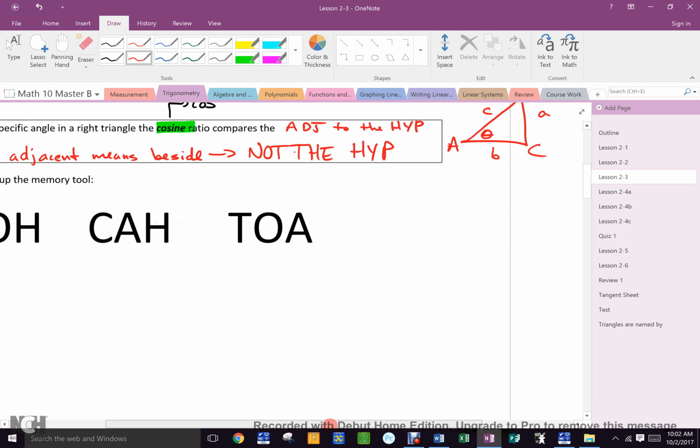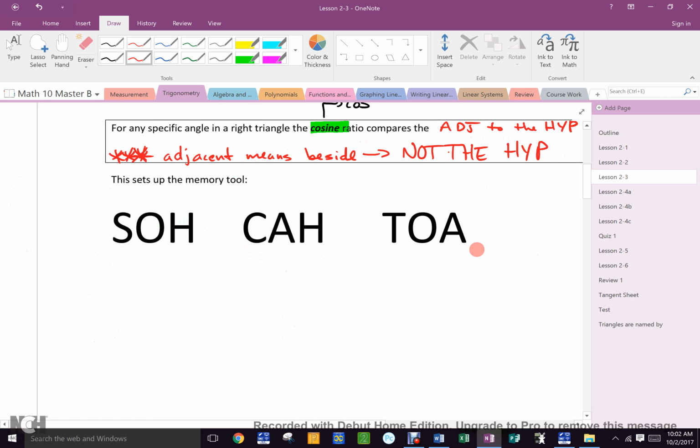That sets up this handy-dandy pretend word: SOHCAHTOA. Sine, opposite, hypotenuse. Cos, adjacent, hypotenuse. Tan, opposite, adjacent. And what does it mean?